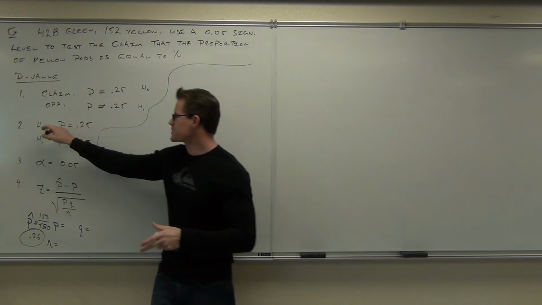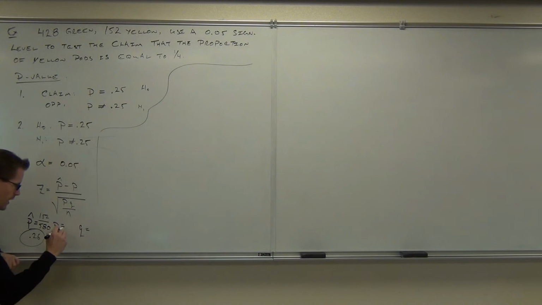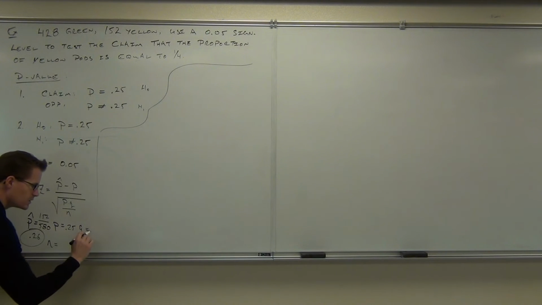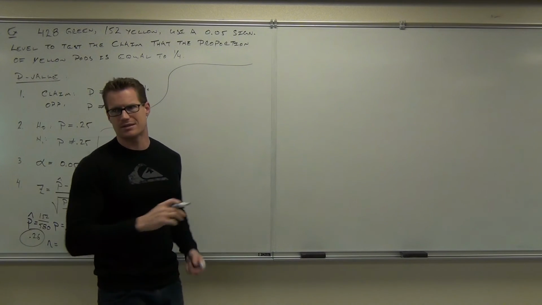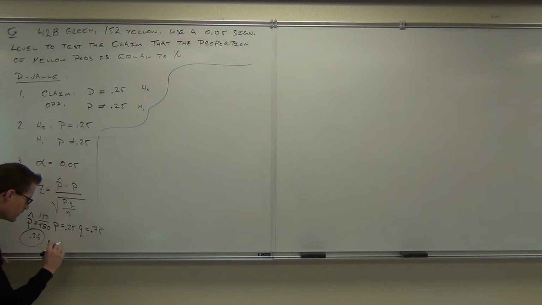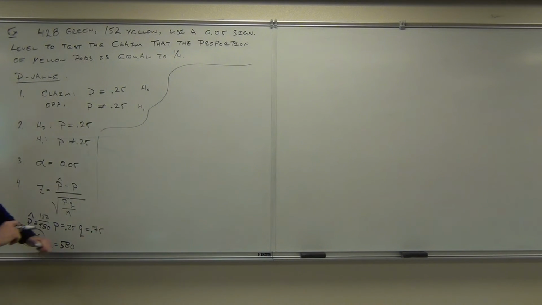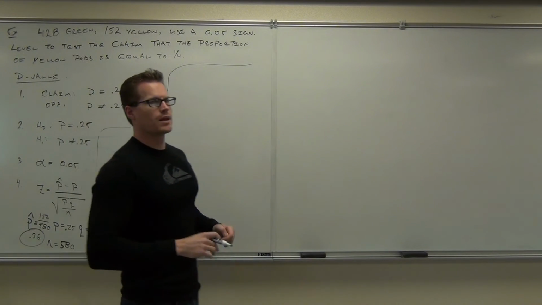We find that from our h sub 0. So p is 0.25, making q 0.75. And n, how much is n? Good, that's all the pods that we've collected, in our case, 580. Now we calculate that test statistic.